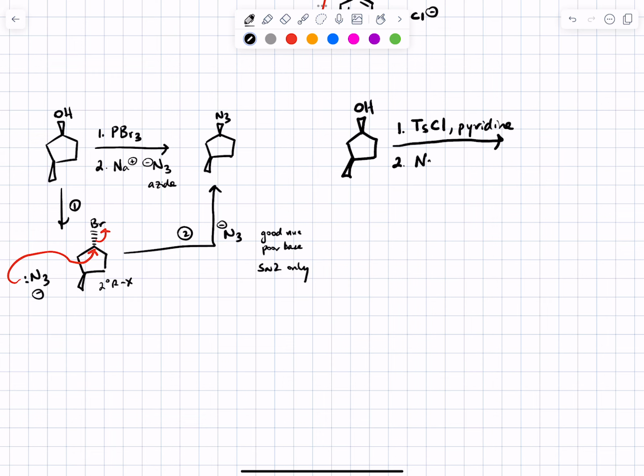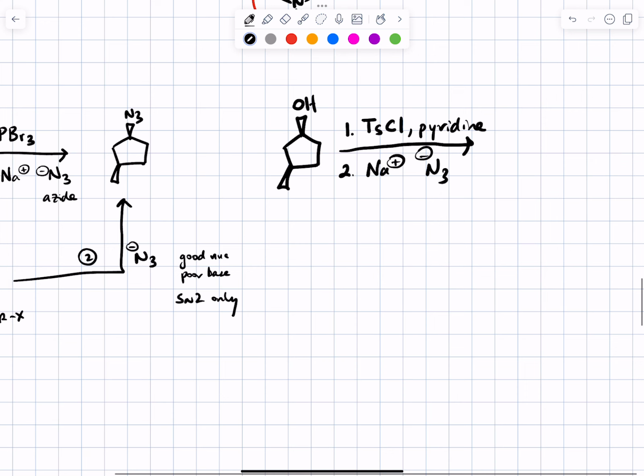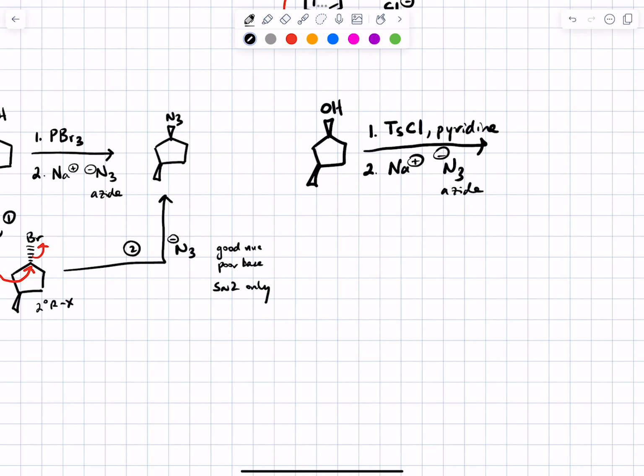And then in the second step, I'm going to again use sodium azide. Sodium is simply the counter ion. Azide is the good nucleophile, but not a good base.